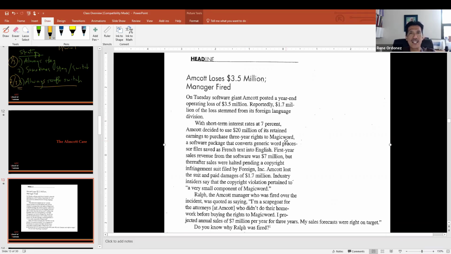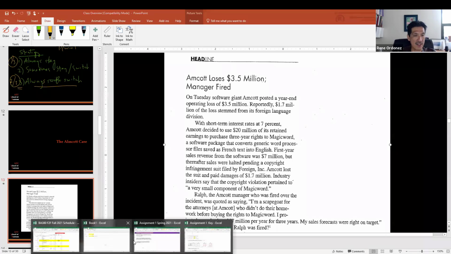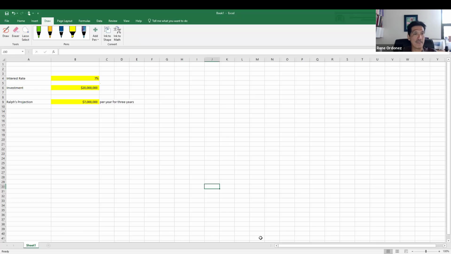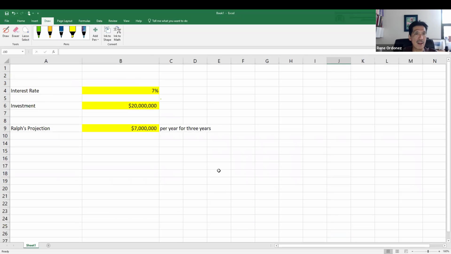So there are a couple of ways that you can evaluate this scenario. You can say, hey, you know what, if I invested this 20 million at 7% interest rate per year, invested for 3 years. So let me set it up now.